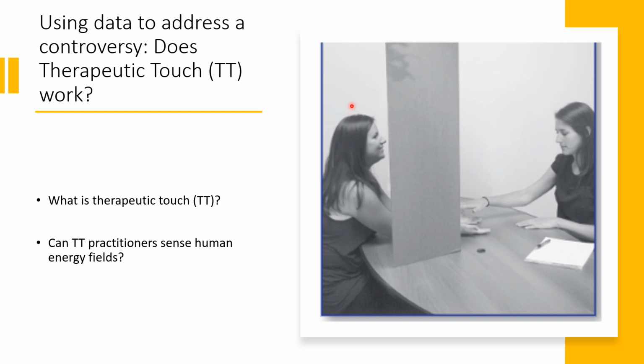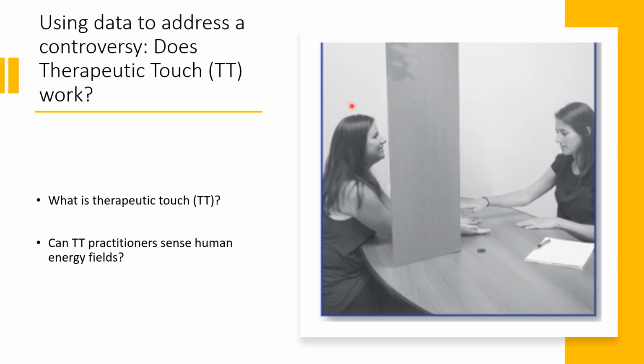They are positioned behind a screen, so they cannot see Emily or where Emily's hands are. They place their hands under the screen. There are little holes that they put their hands in, palms up on the table. Emily would flip a coin to determine which of the practitioner's hands she would place her hand over. Then the practitioner would have to decide, is Emily's hand over my right hand or my left hand?